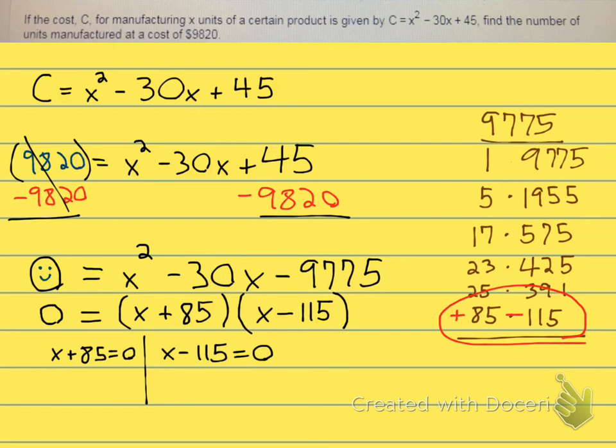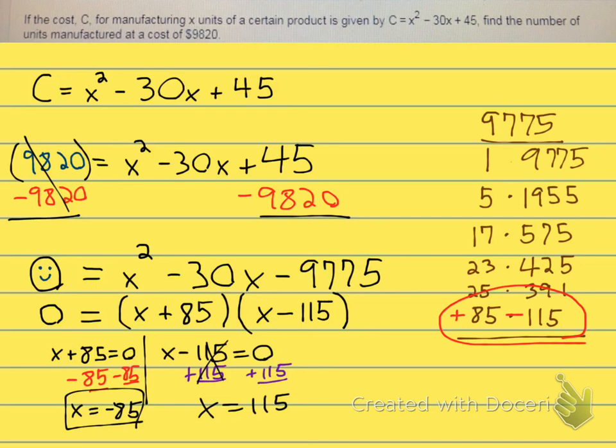So either one of these two factors could be 0, and the whole thing will be 0. Now, let's solve these two. So x equals negative 85. And let's solve this one.